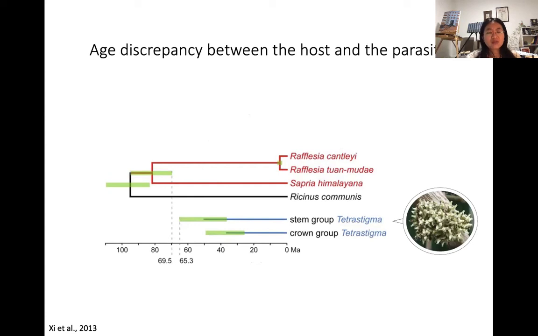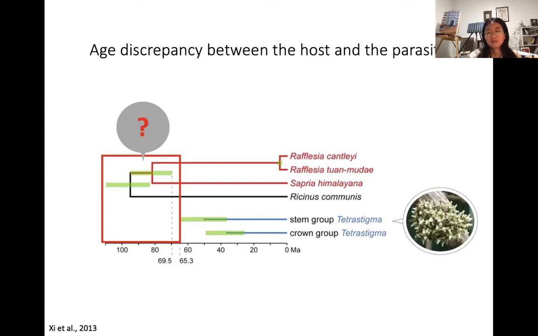But one remaining mystery is that the parasites are older than the host. Here we are looking at the age estimation of the parasite on the top and the host lineage in the lower part. As we can see here, there's an age gap between the parasite and host.